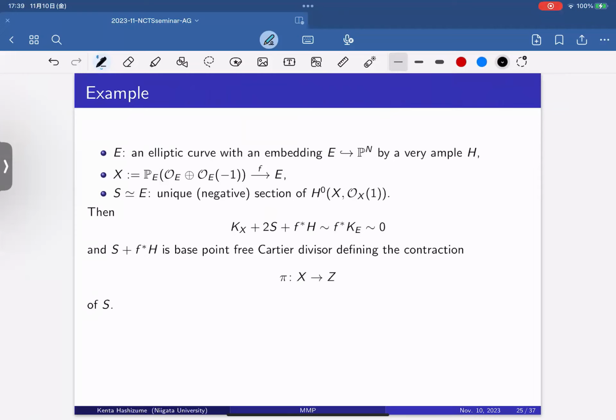By the standard argument, we can check that we have this relation between divisors.